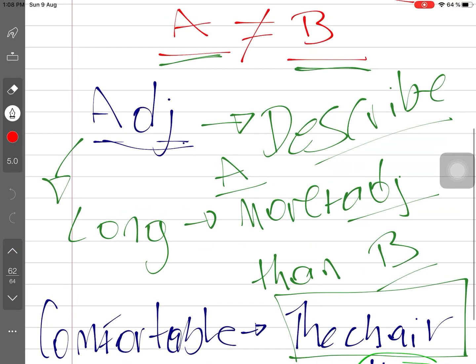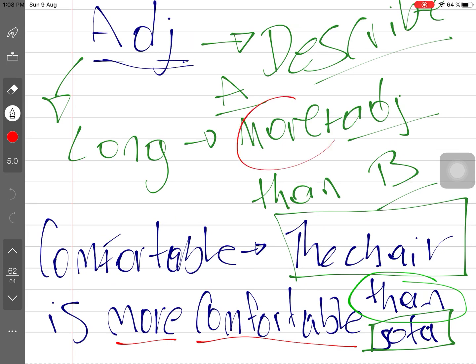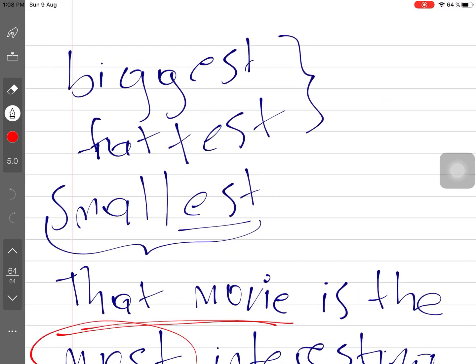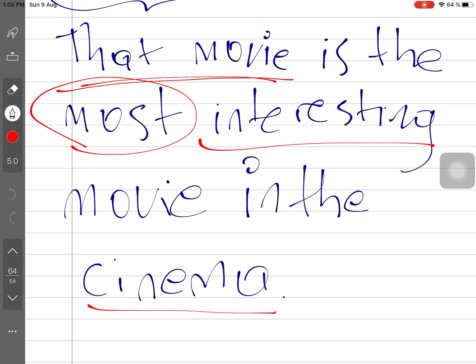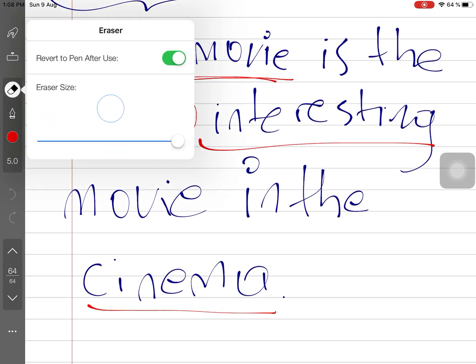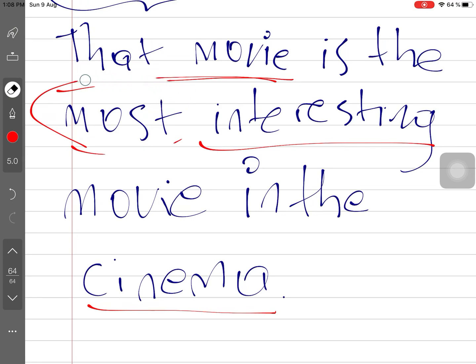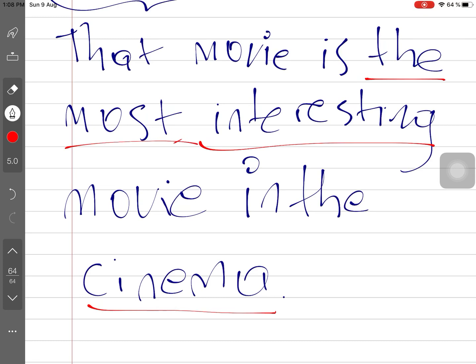In comparative, we use more, but in superlative we use the most interesting movie in the cinema. So it is mandatory that in superlative we use not only most, we have to use the complete sentence. It's going to be the most interesting movie in the cinema. Yes?